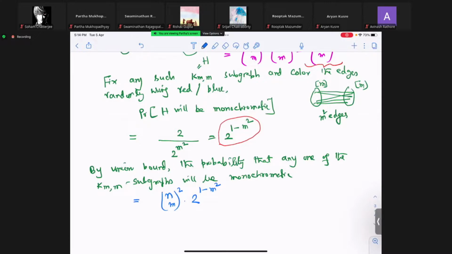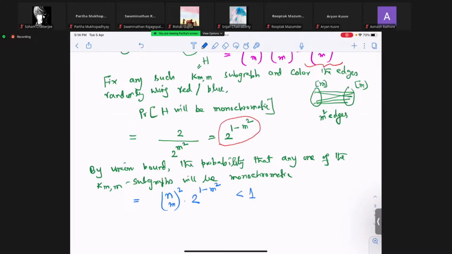So if we prove that this is strictly less than 1, then you know that if you pick a coloring randomly, the event that none of these K_{m,m} will be monochromatic will happen, because the complement event probability is strictly less than 1. Is it clear, the argument?